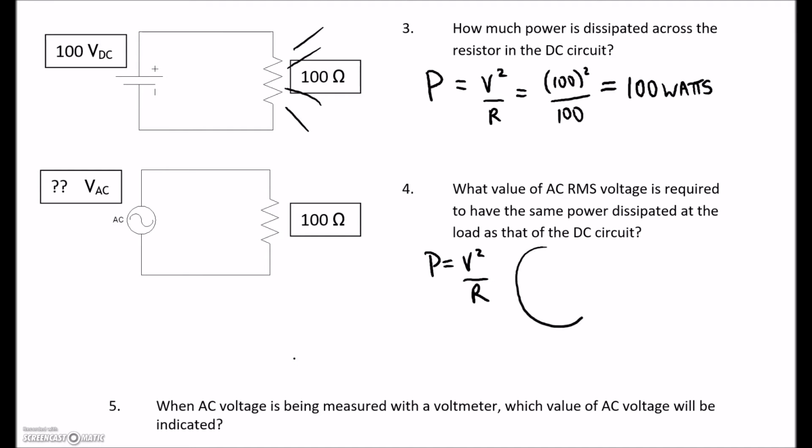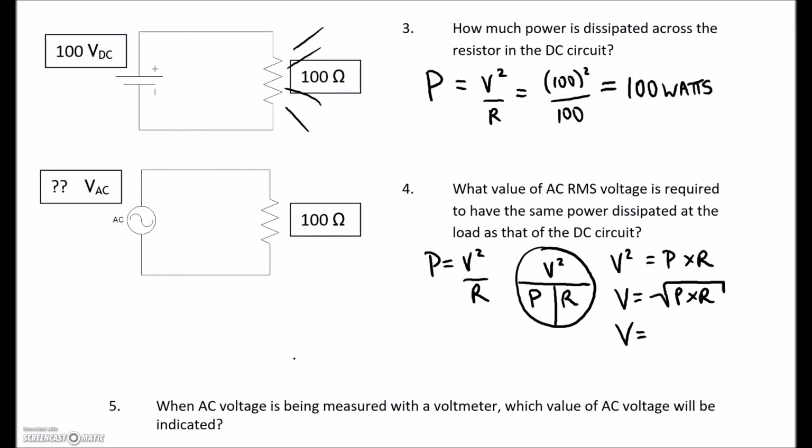Or if we redraw that, power is equal to V squared over R. And we're looking for the voltage, so V squared is equal to power times resistance, and then we take the square root of the power times the resistance.